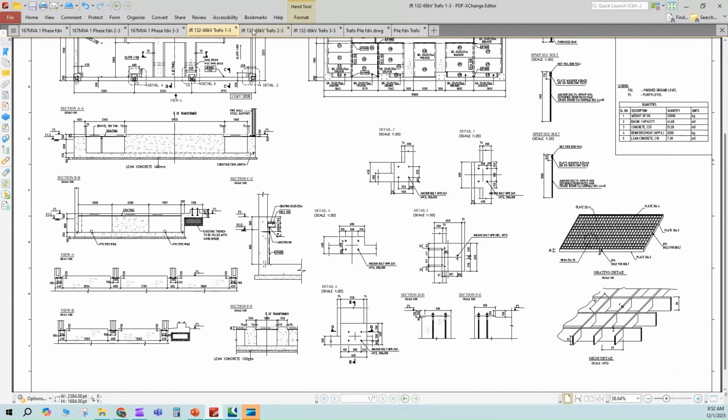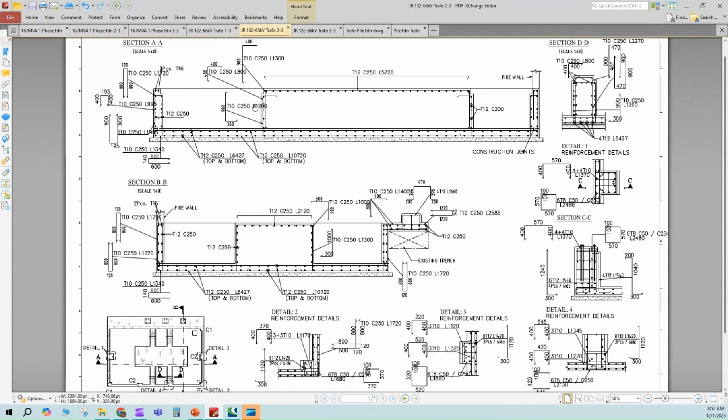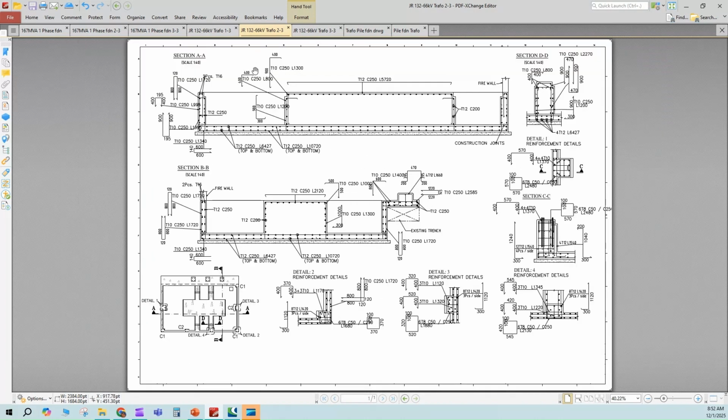So these are general details to be provided during engineering. And this is a reinforcement detail of the transformers which we have seen.